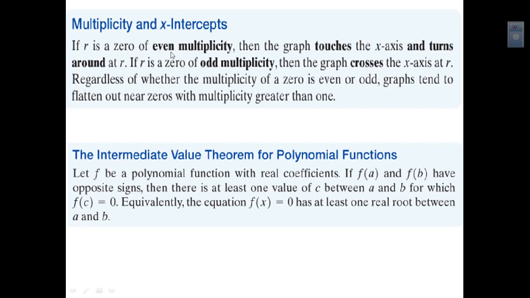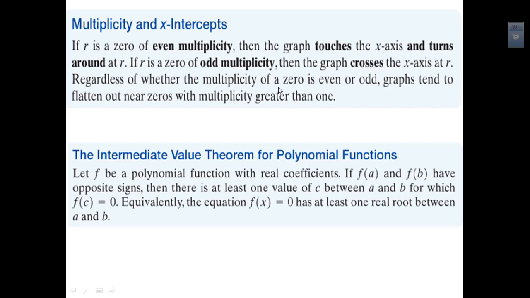If r is a 0 of even multiplicity, that means it occurs an even number of times, then the graph touches the x-axis and turns around at r. It does not pass through the x-axis. If r is a 0 of odd multiplicity, which means it occurs an odd number of times, including 1, then the graph crosses the x-axis at r.